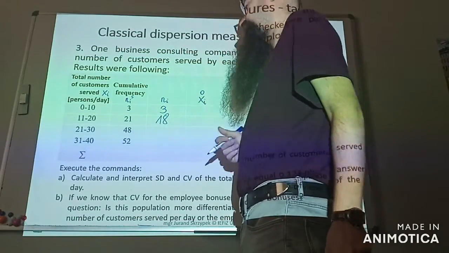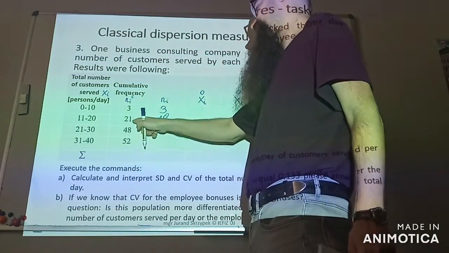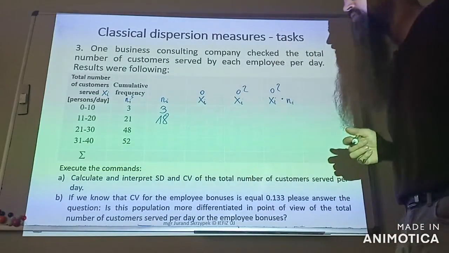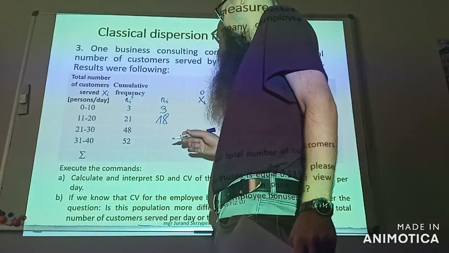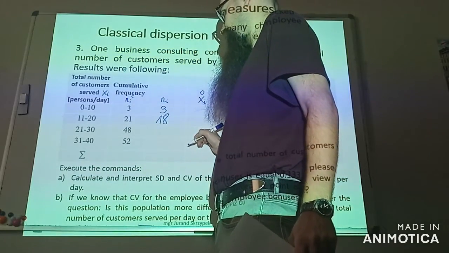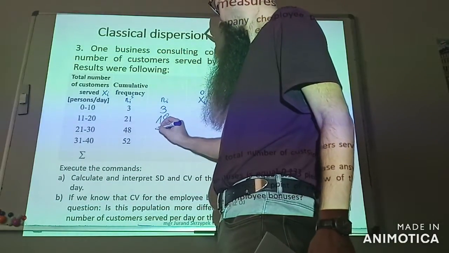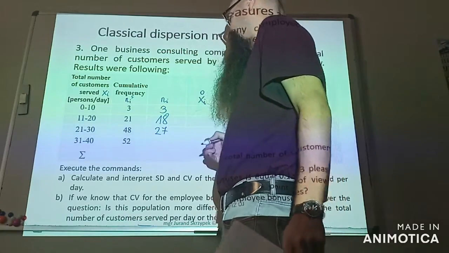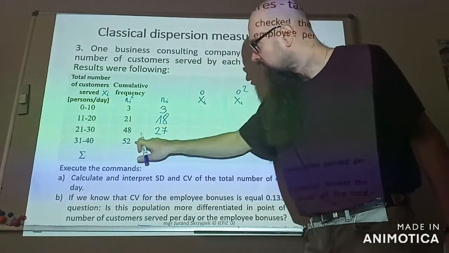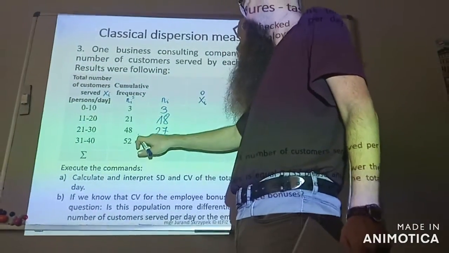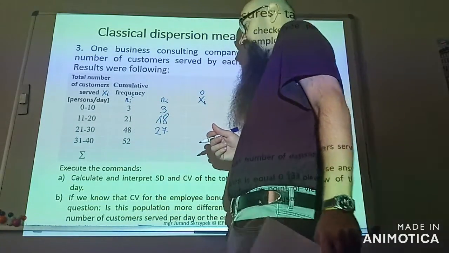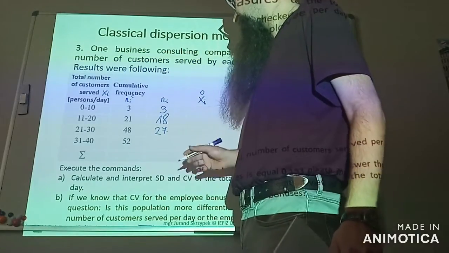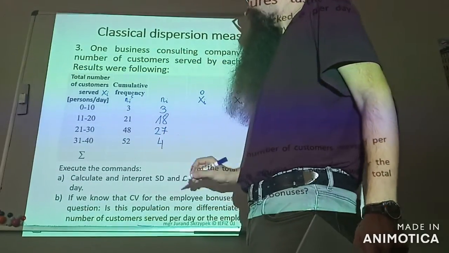And after that we have the difference between 48 and 21. This difference is equal to 27. And at the end, the difference between the last and the third cumulative frequency is 4.